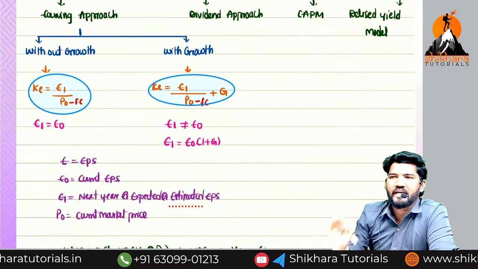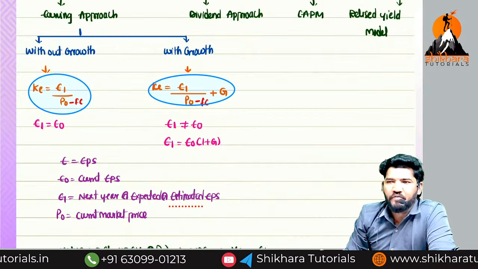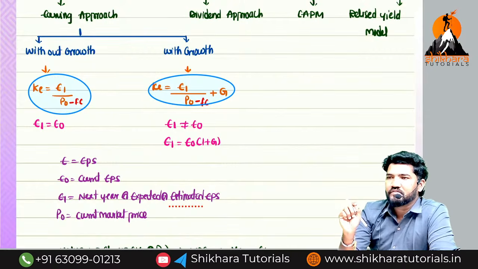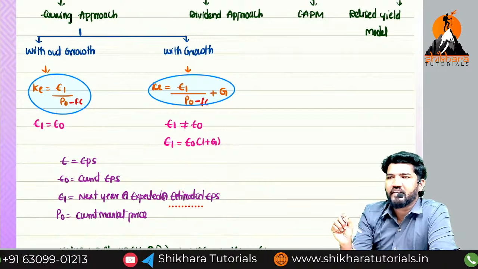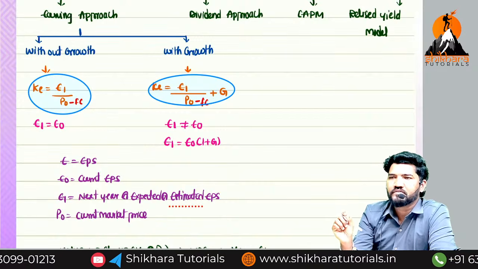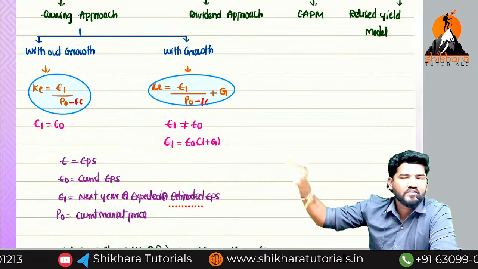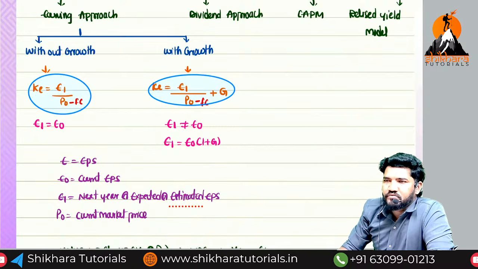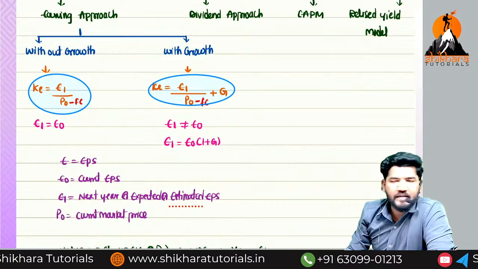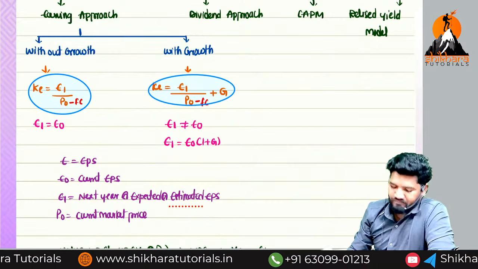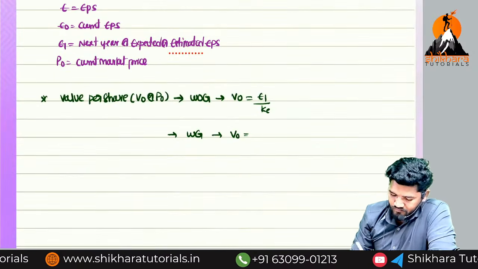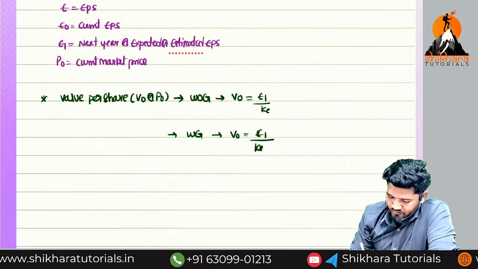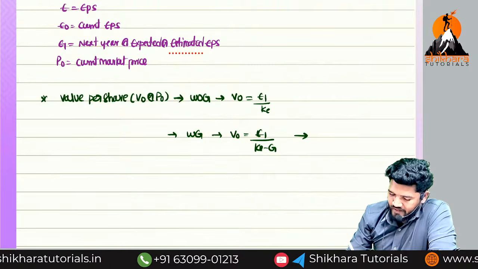Now what is the KE formula? KE equals E1 divided by P0 plus growth. Just shuffle it. What happened? V0 equals E1 divided by KE minus G. How did it come?